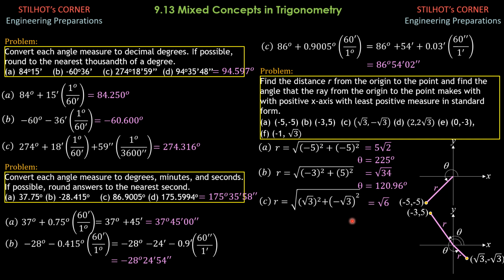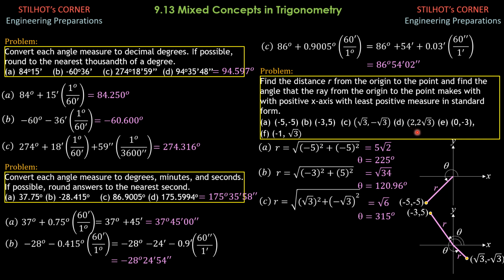This is 3 plus 3, so that would be square root of 6. And theta is 315 degrees as earlier mentioned.